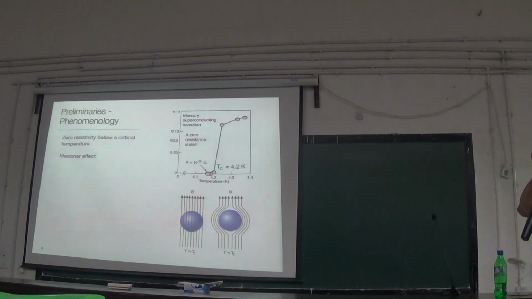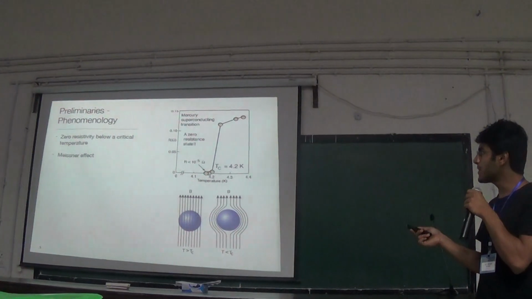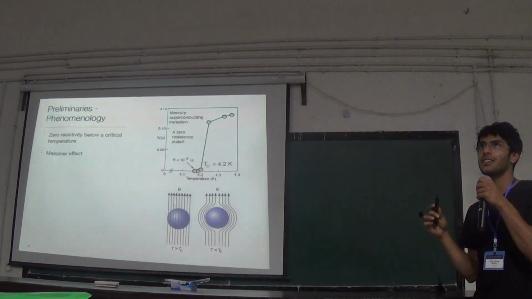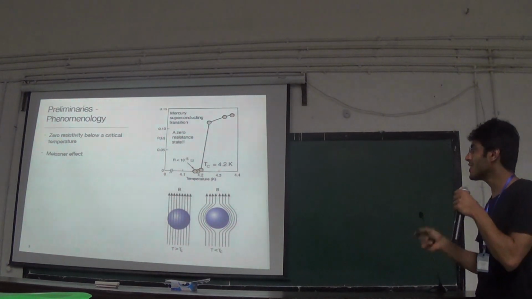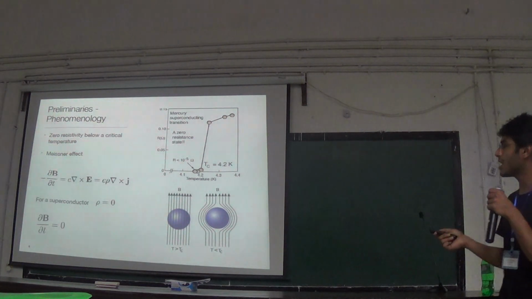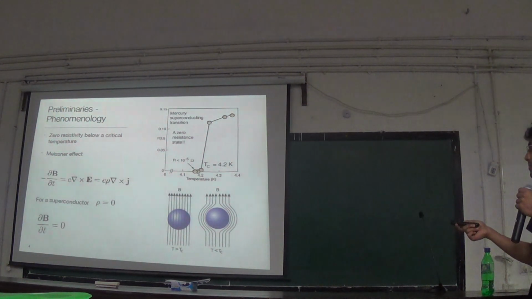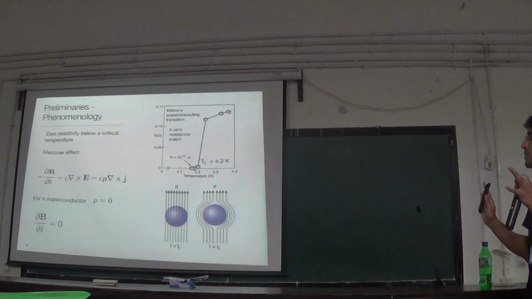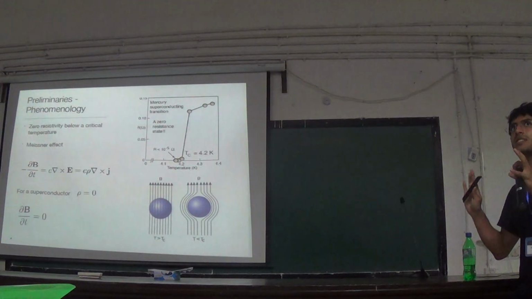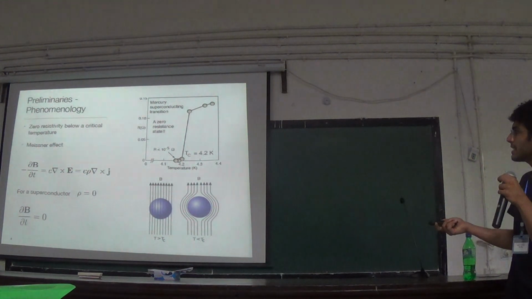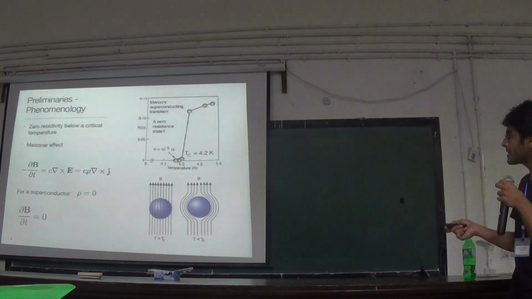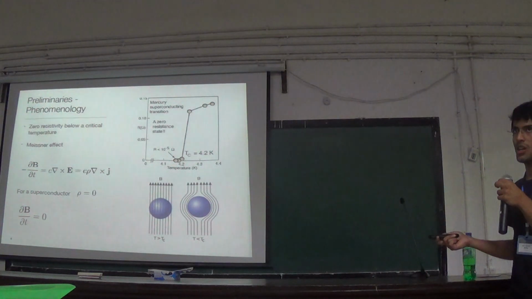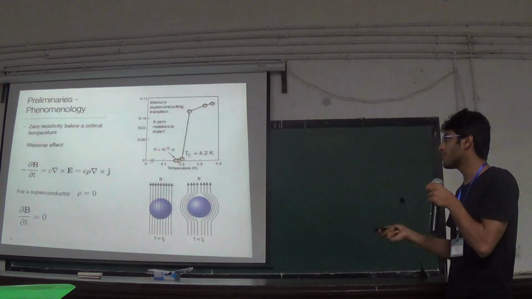If you look up the internet, people try to give the Meissner effect a very classical explanation, but it's not really true. If you take Maxwell's equations and say a superconductor is nothing but a conductor whose resistivity goes to zero, what it says is that the change in magnetic field inside the superconductor should not change, but it doesn't say anything about it being zero.